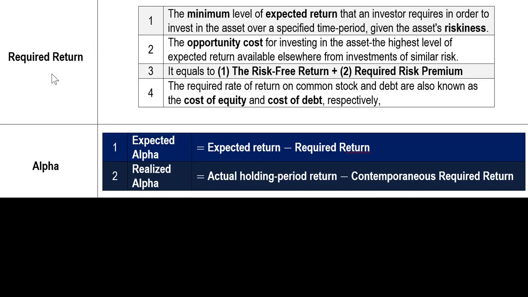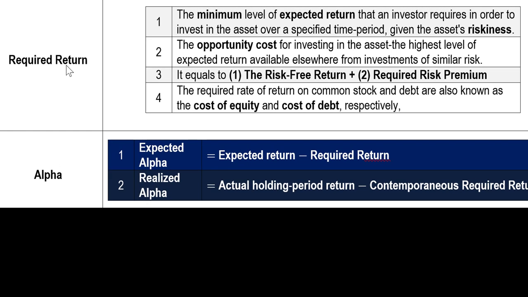The next one is the required rate of return, or required return. That is slightly different from the expected return, and a lot of students confuse the expected return and the required return. Required return means required by somebody, so it's required by the investor. It's not just expected or anticipated by the investor.